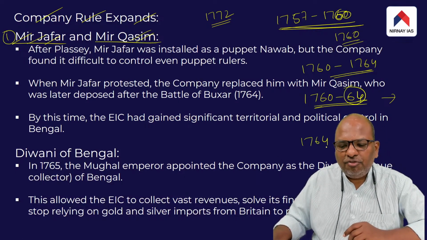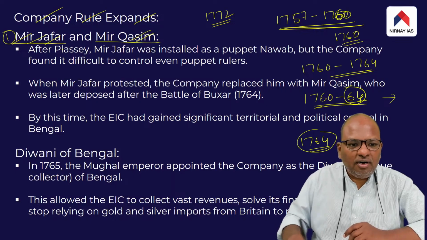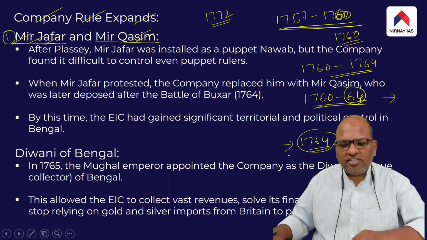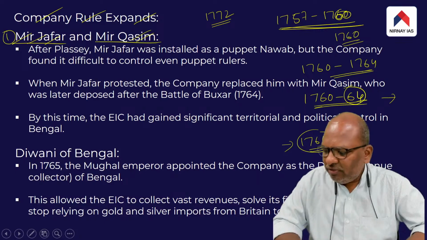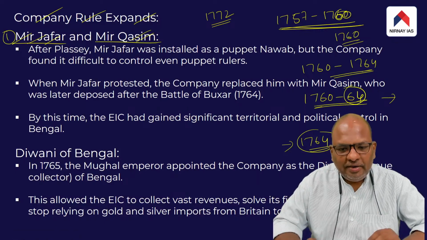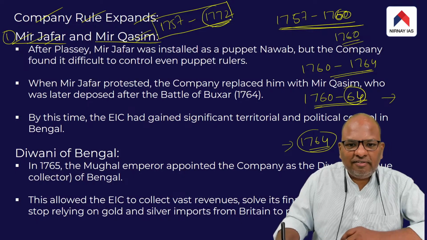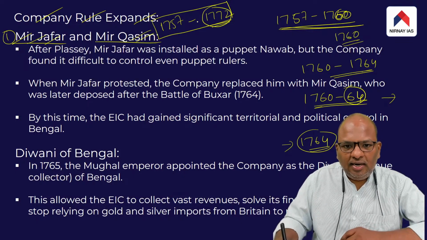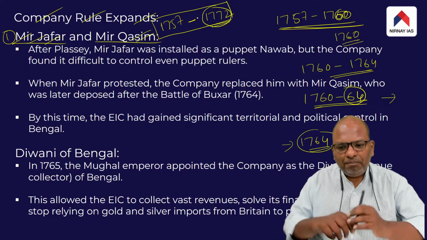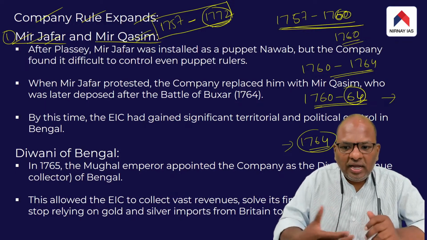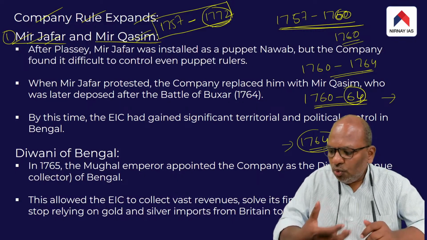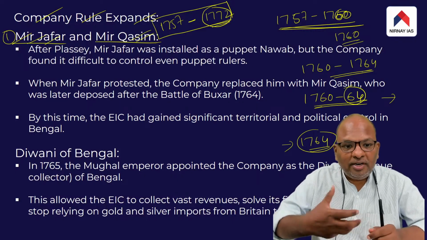So basically in 1764, Mir Jafar was once again brought back as the ruler of Bengal. So the whole point which I'm trying to convey is that the British, though they won the Battle of Plassey in 1757, completely occupied Bengal only in the year 1772. Till 1772, that is between 1757 and 1772, they ruled Bengal indirectly, through their puppet rulers.